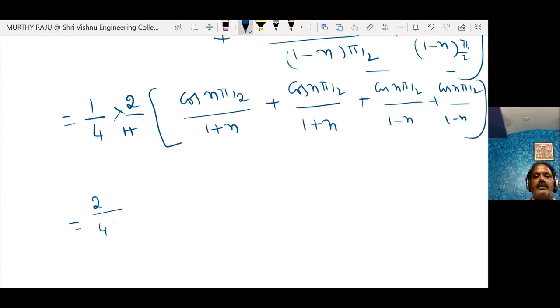That is 2 by 4 pi. This is 2 cos n pi by 2, not 2 here.